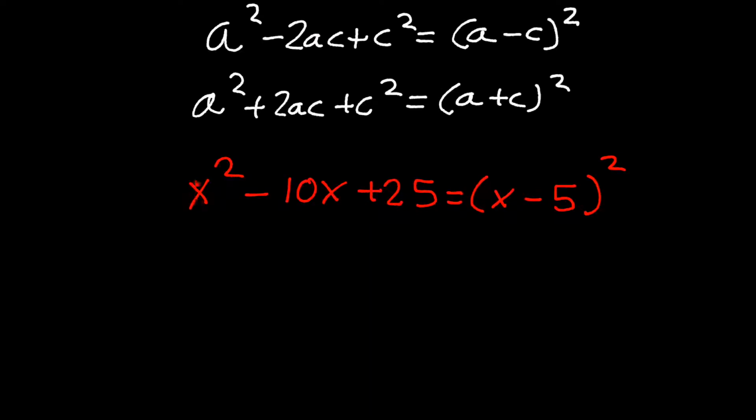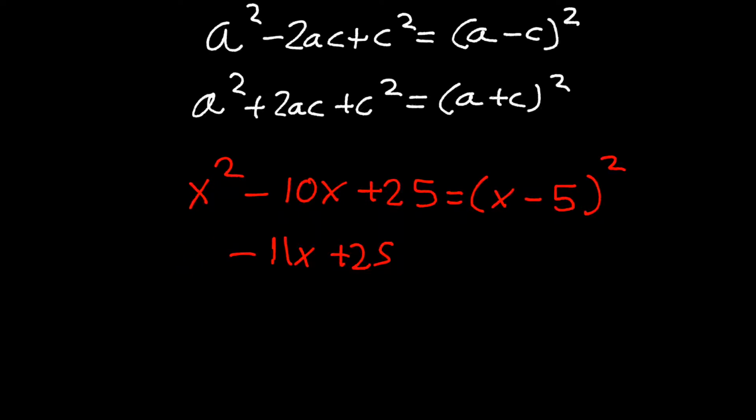A was 1x, c was 5, the square root of 25, and if I multiply those together and double it, I need to get the middle term. If this was x squared minus 11x plus 25, I would not be able to use this special technique to factor it down. I would have to do something else.